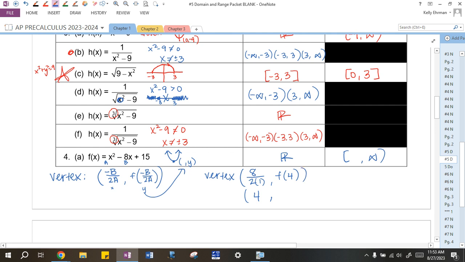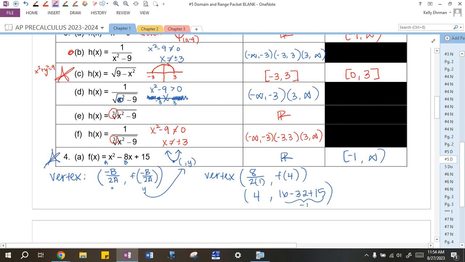If I plug 4 in, I get 16 minus 32 plus 15. 16 minus 32 is negative 16, plus 15 is negative 1. So the range is negative 1 up to infinity. I know that parabola opens up because it was a positive x squared.